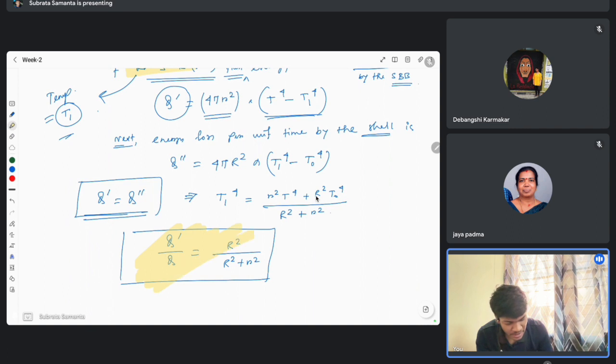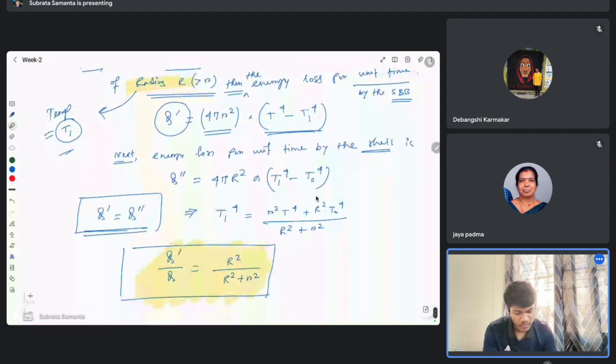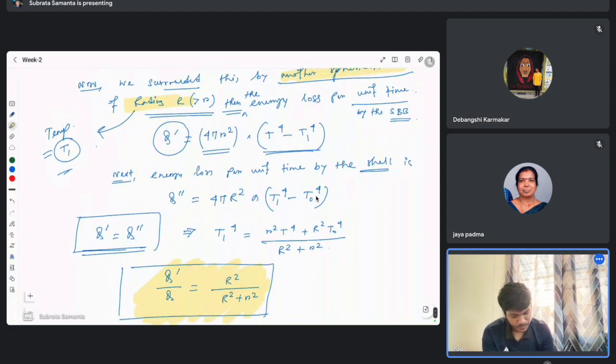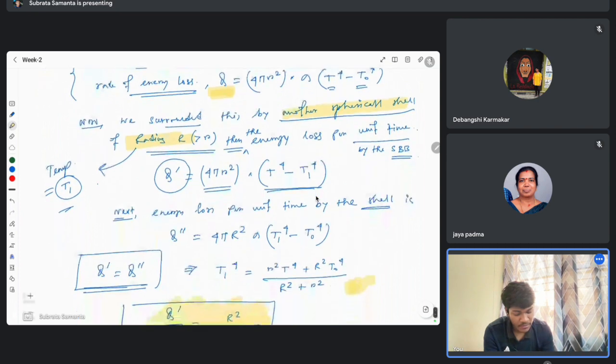So that means the energy loss after being surrounded by the cell and before being surrounded by the cell. Before the surrounding by this cell, this is the energy loss Q, and after being surrounded by this cell, this is the energy loss Q prime by the same spherical black body.